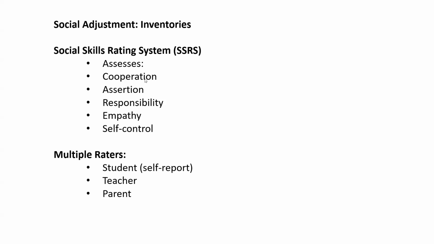So access, cooperation, assertion, responsibility, empathy, self-control, like the skills, whether he has them or not. Multiple raters also we can do: student, teacher, parent, all can.